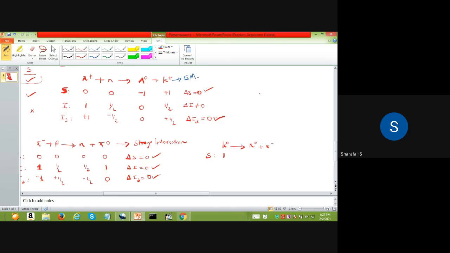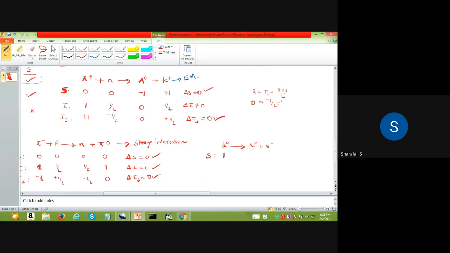So for strangeness, we have Q equal to I3 plus B plus S by 2. And in this particular case, charge is 0. I3 comes from the isospin. For K, there are two particles, so isospin is 1 by 2. And among that, K plus has the higher charge. So plus 1 by 2 is for K plus, and minus 1 by 2 is for K0. Then plus B, whether kaons are baryons, they are mesons.